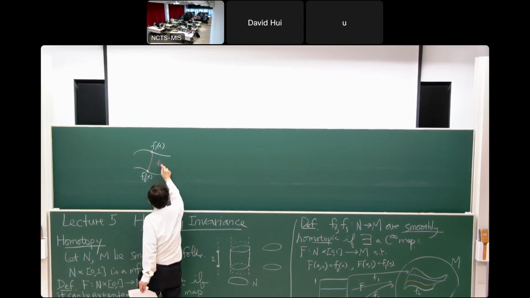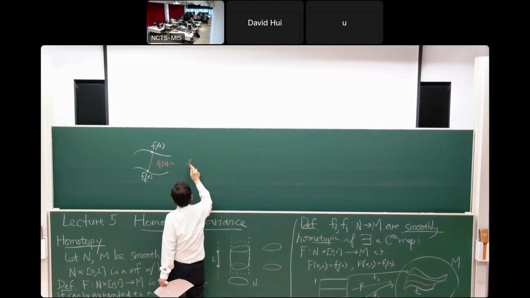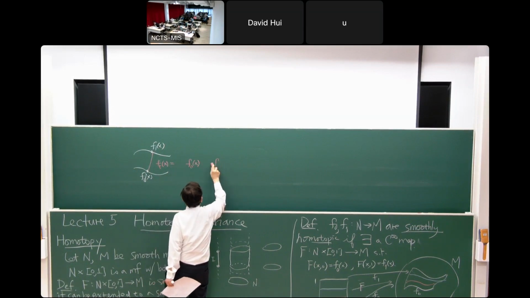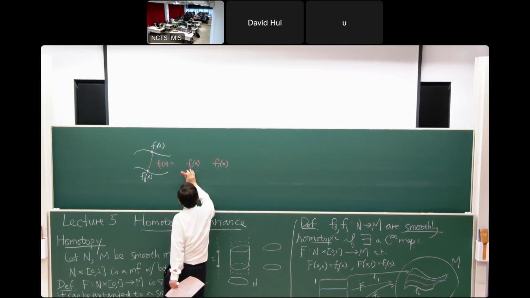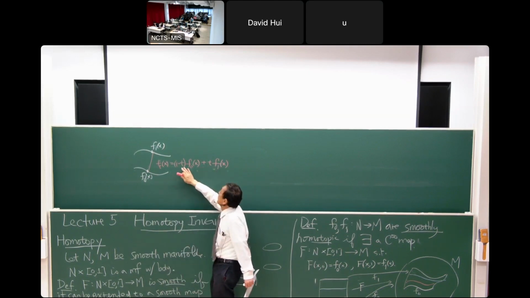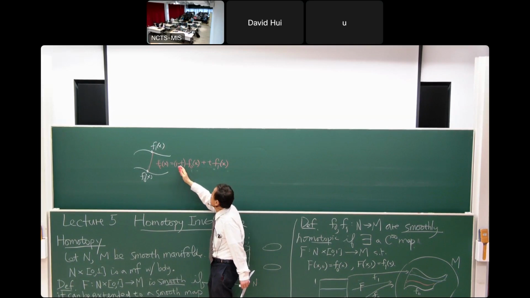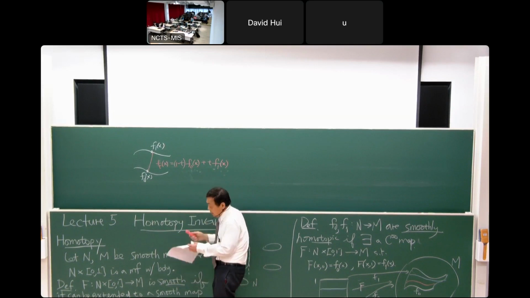So Ft of x is a convex linear combination of F0 and F1: it should be 1 minus t times F0, plus t times F1. When t is 0, you get F0. When t is 1, this disappears and you get F1, okay? So this is the straight line homotopy.